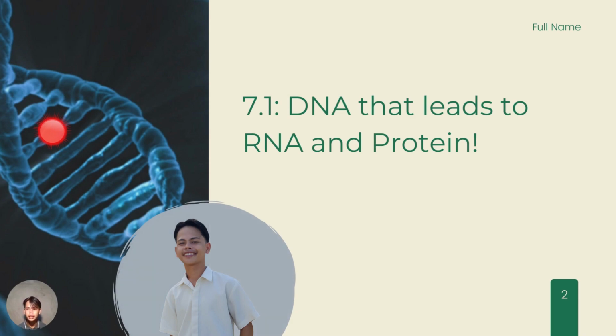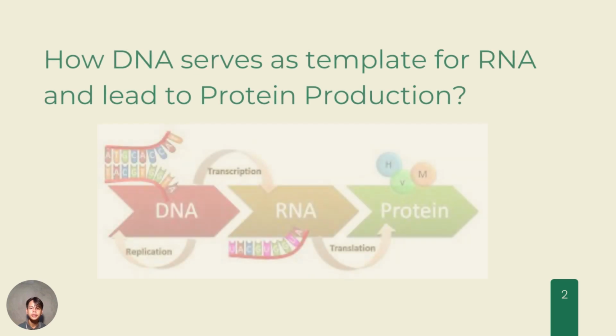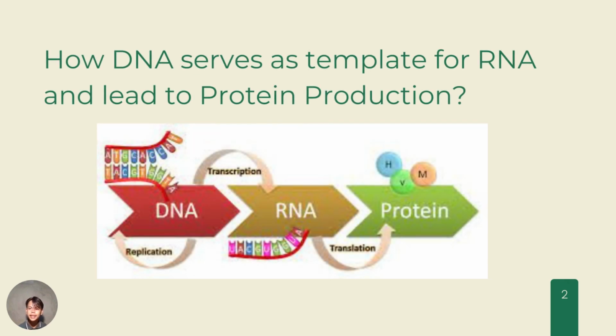Our first topic is DNA that leads to RNA and protein. So we will ask how the DNA serves as a template for RNA and protein synthesis, and the answer is here. We can see the central dogma of protein synthesis.